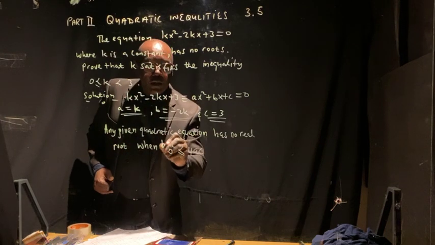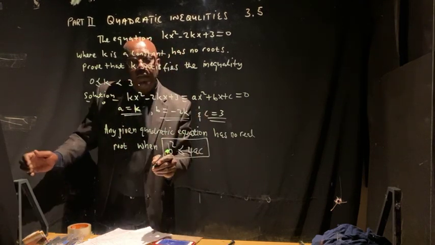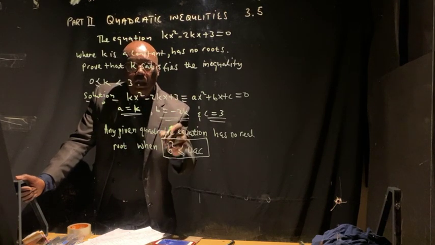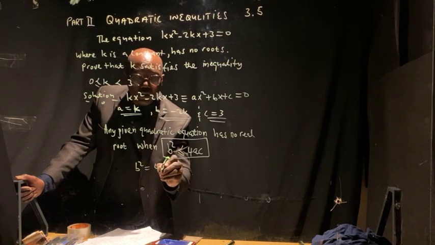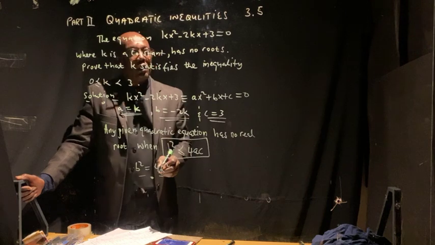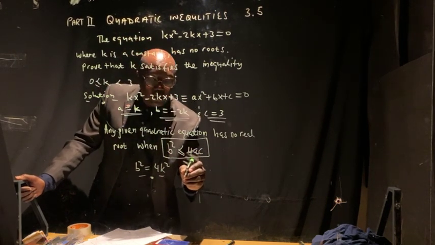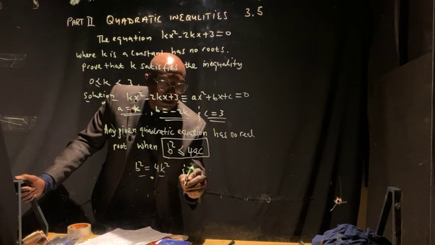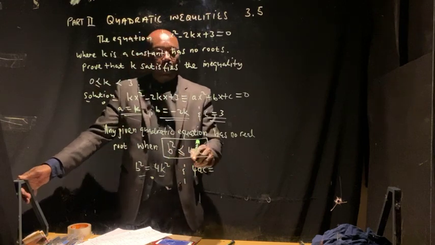So, taking this very useful information, what is b? B is minus 2k, so b squared will be 4k squared. Is that correct? Yes. And what is 4ac?